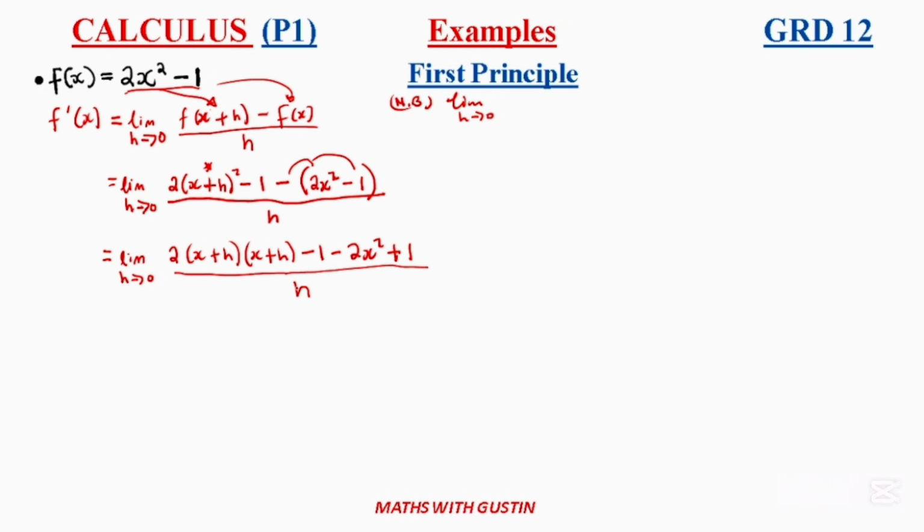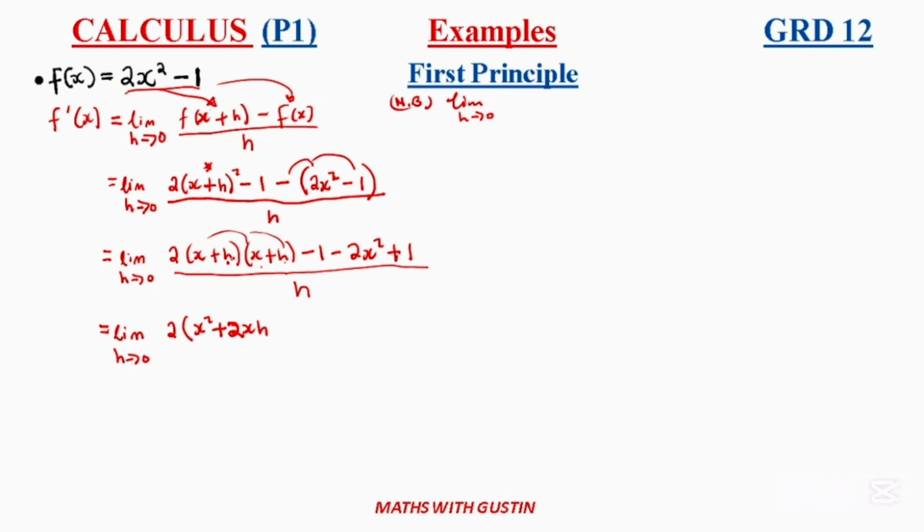So now what you can do is simplify the top here, remove the bracket, first times first, last times last. Lim as h approaches 0. Here we go. 2 will remain outside, so we're going to have x times x, x squared. This is just algebra, guys. X times h is going to give us xh, and h times x is going to give us xh, so this is going to give us 2xh.